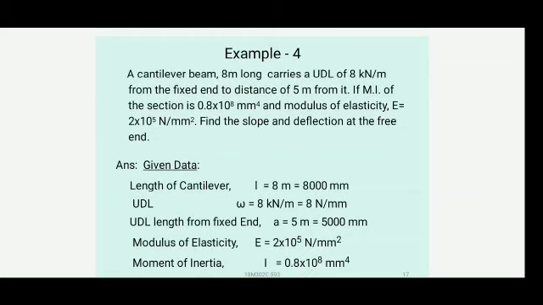The moment of inertia of the section is 0.8 into 10 to the power of 8 mm to the power of 4 and modulus of elasticity E is equal to 2 into 10 to the power of 5 Newton per mm square. Find the slope and deflection at the free end.